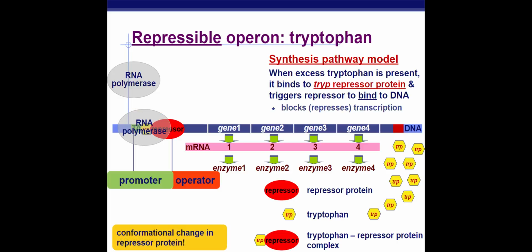So that tryptophan conformationally changes the repressor protein. It's kind of like an allosteric molecule, on another site, not the active site. But it's not an enzyme, it's a repressor. So it allosterically changes the conformation so that it will fit with the operator.